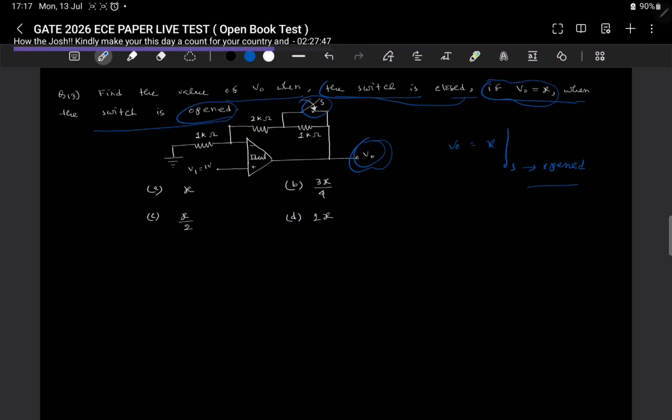Okay. So X when it will be opened. So we need to find out the VO when it is closed. So first let's find out this.